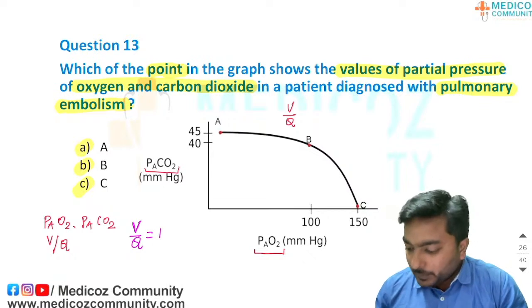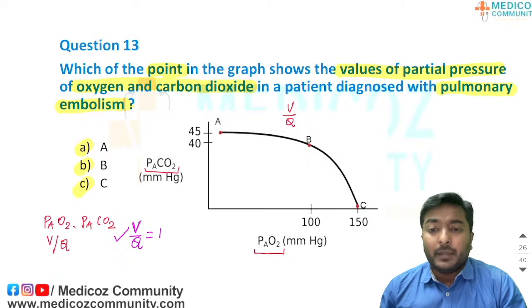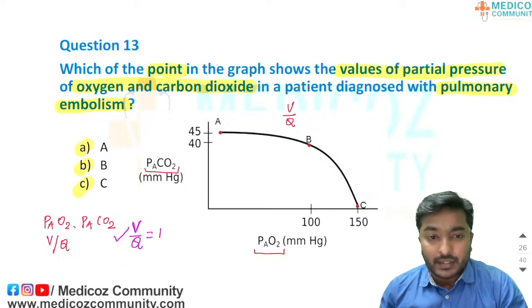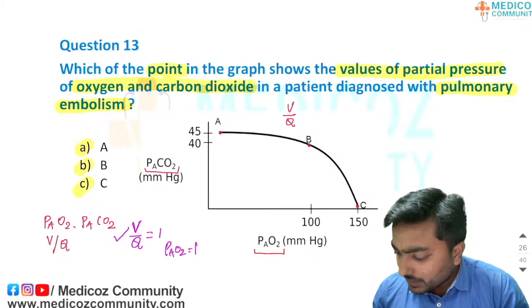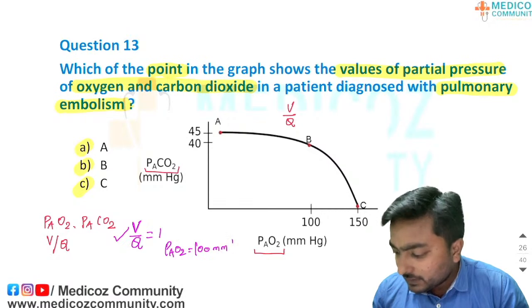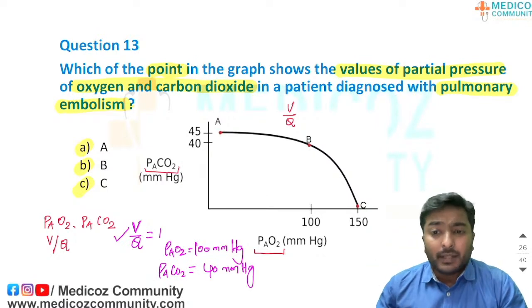Think, if the patient has a V by Q ratio equal to 1, what will be the values of PaO2 and PaCO2 in the alveolus? The PaO2 will be 100 millimeters of mercury and PaCO2 will be 40 millimeters of mercury. It means that normal gas exchange is taking place across the alveolus and pulmonary capillaries.